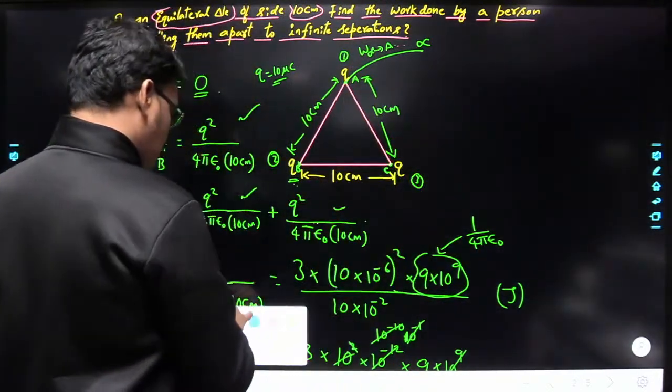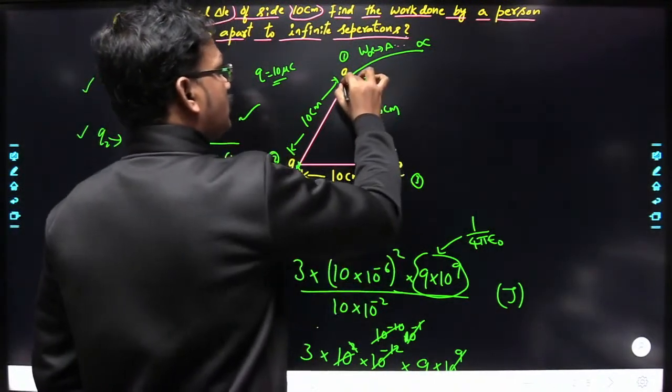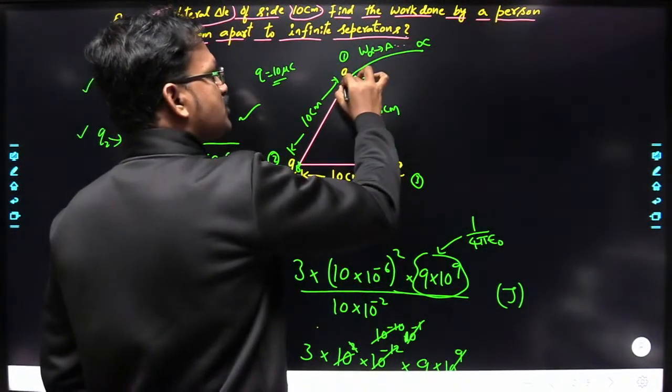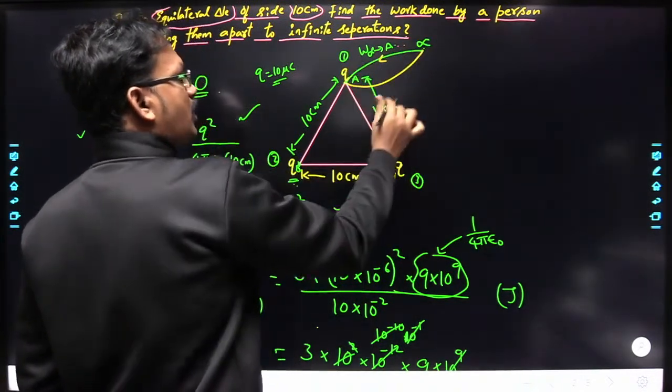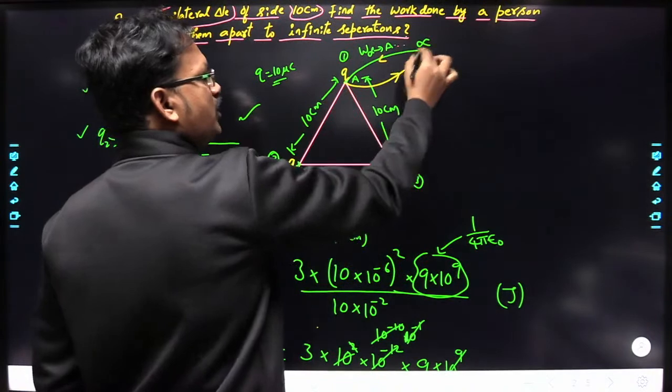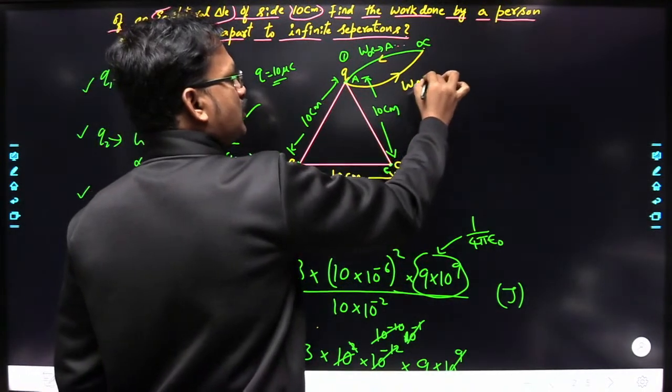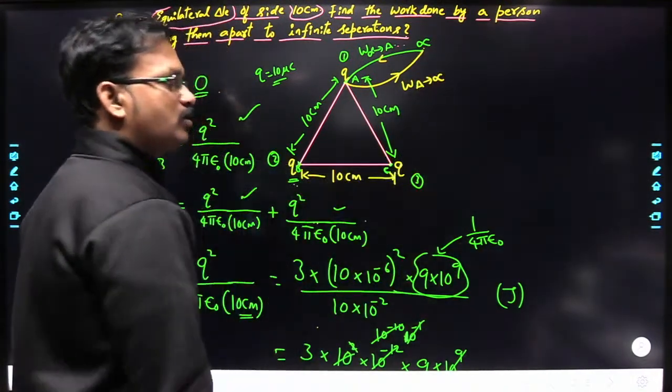Understood? Okay. Now see here. If you move this charge from location A to infinity. Understood? So you have moved from infinity to A. Now you are moving this charge from A to infinity. So that is the work done in order to move the charge from A to infinity.